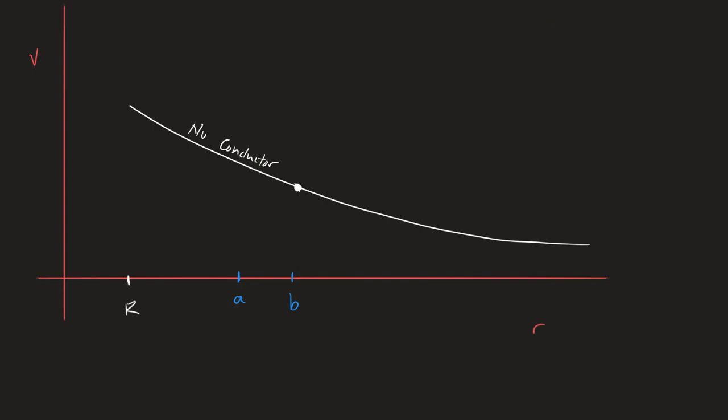Meaning the white line represents the electric potential if there was no conductor there at all, and I was able to go from infinity all the way to the surface of that sphere. But if I place the conductor there, the moment I get to B, going from B to A, there would be no change in electric potential.